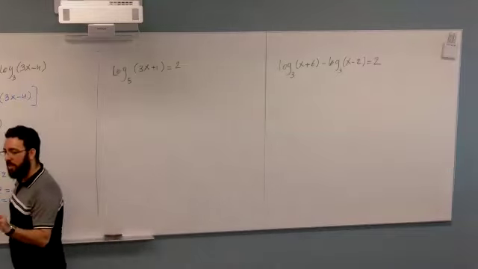Remember when we moved the base from here to the other side and cancelled the log? So when I move the base to the other side, it's going to be 5 squared equal, on this side is what's left?